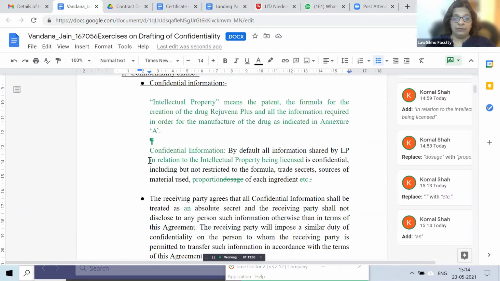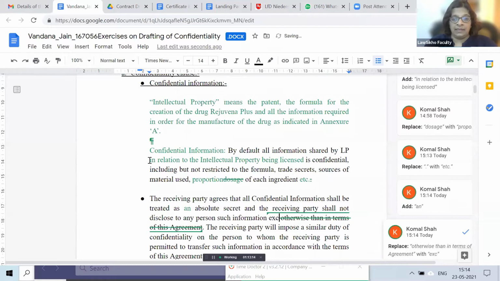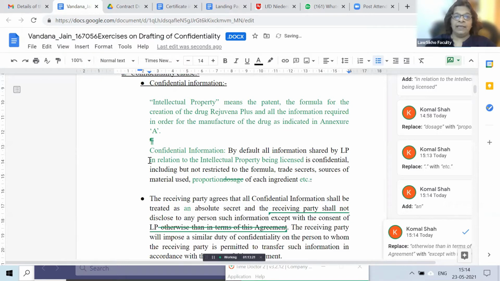And even if you want to allow them for the use, you will just say except with the consent of LP. And LP may be defined in the agreement as licensor, because that's what they are.